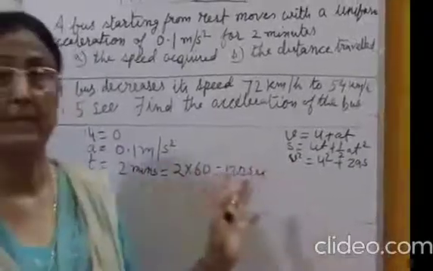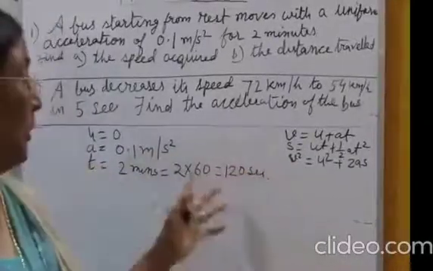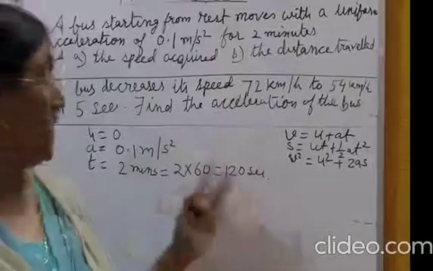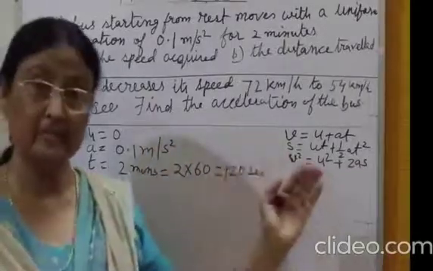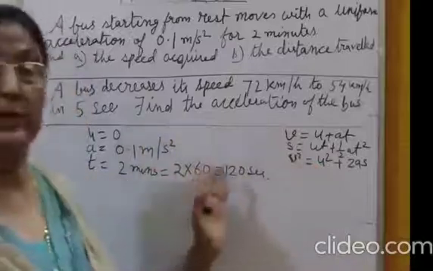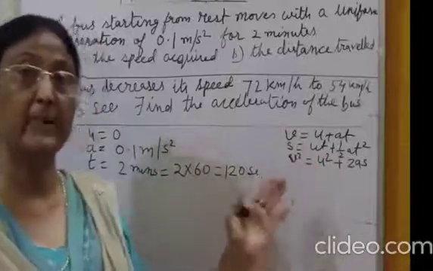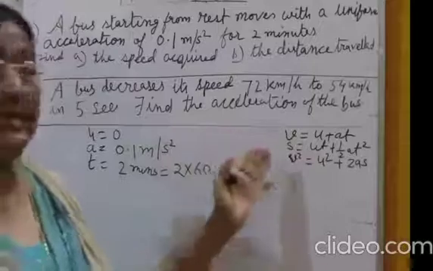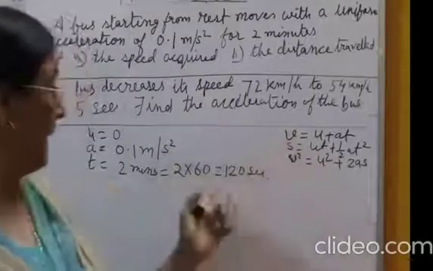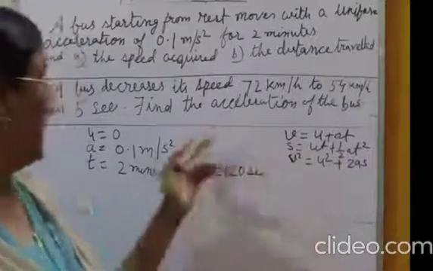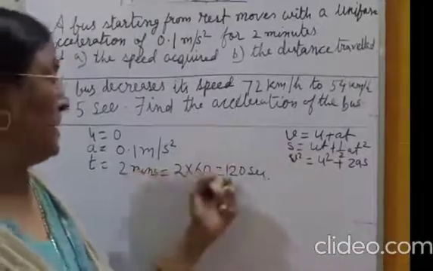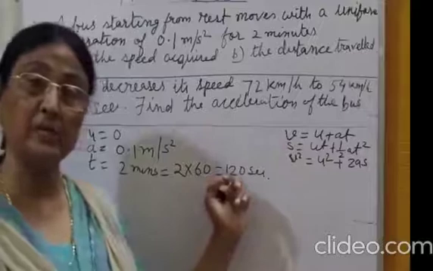Now listen, whenever we solve the problems, we have to change the distance into meters and the time into seconds. Maybe it is in hours, maybe minutes, but you have to change the time into seconds. Here we have 2 minutes, so I already changed it into seconds.